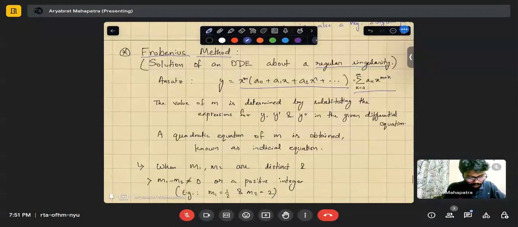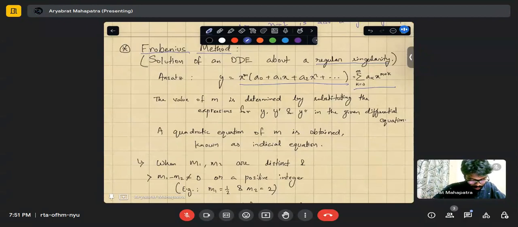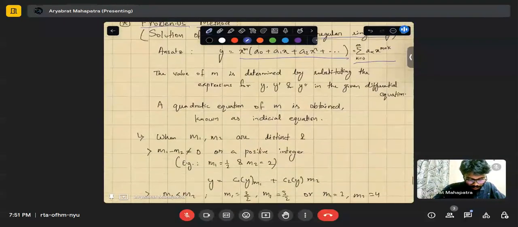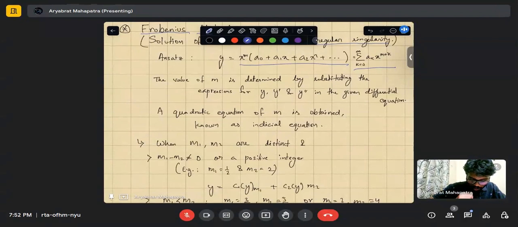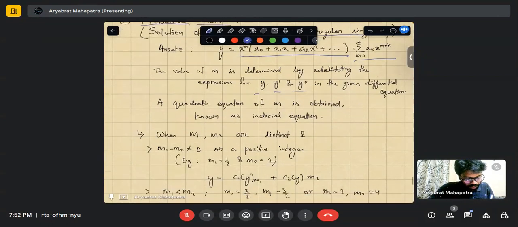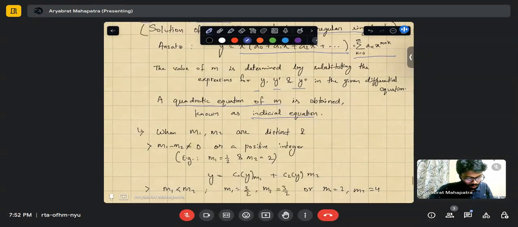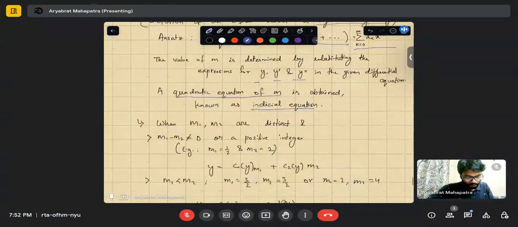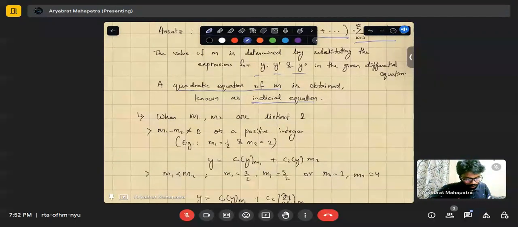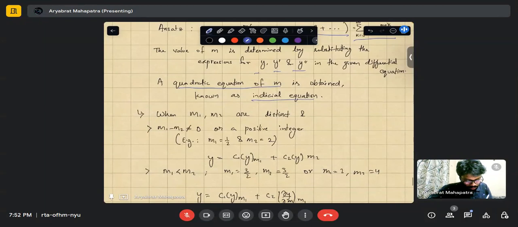Then follow the same steps as before, and this m is some value determined by substituting your y prime and y double prime in the differential equation. When you substitute, you get a quadratic equation in m, known as the indicial equation. This indicial equation will give you two values of m, and based on the two values of m, you will write your final solution.